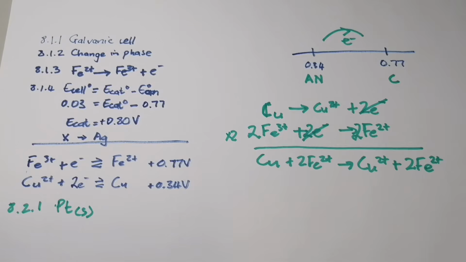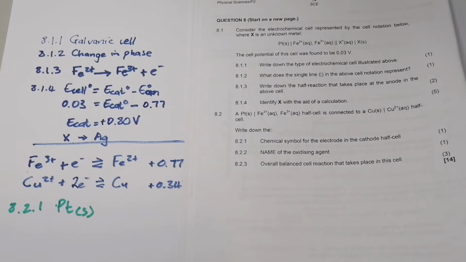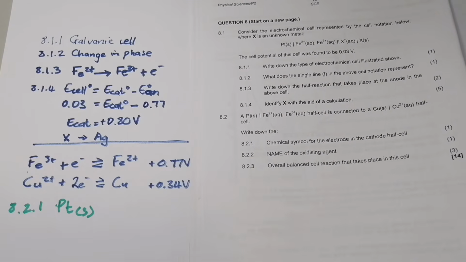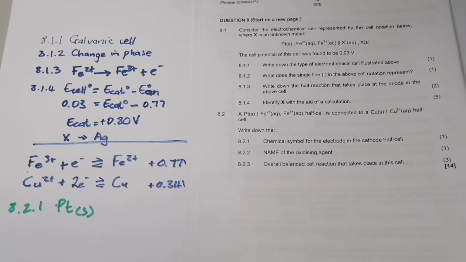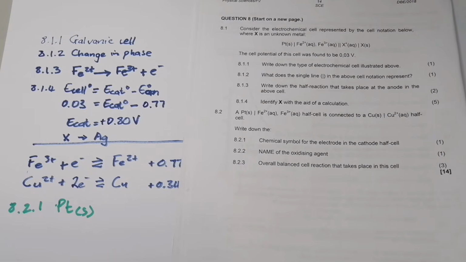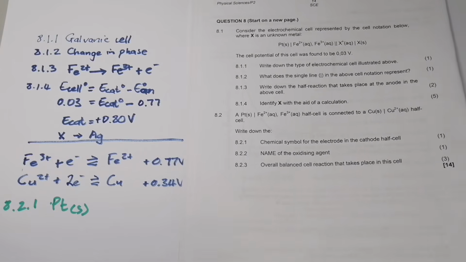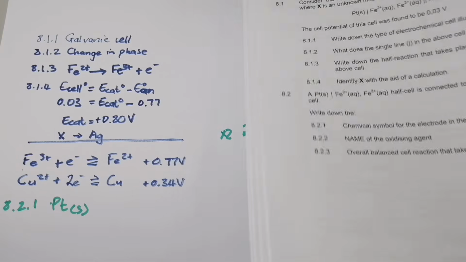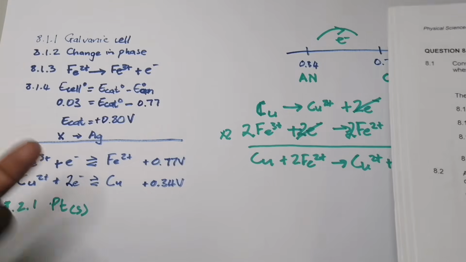And then the next question, they say name the oxidizing agent. Now please, ladies and gents, once we start talking about the oxidizing agent, remember that the oxidizing agent is the substance that undergoes reduction. The moment you add the word agent, it kind of works the other way around.